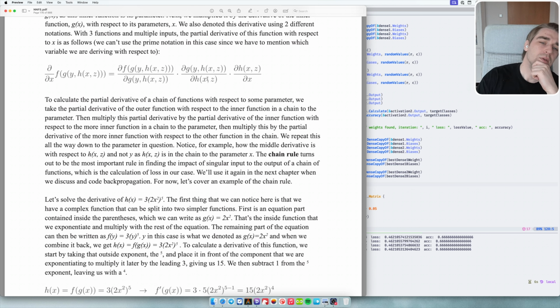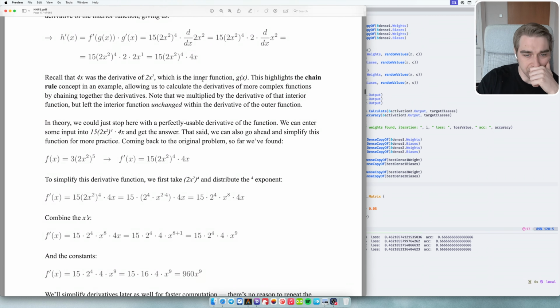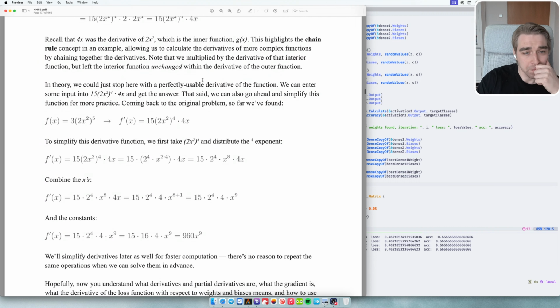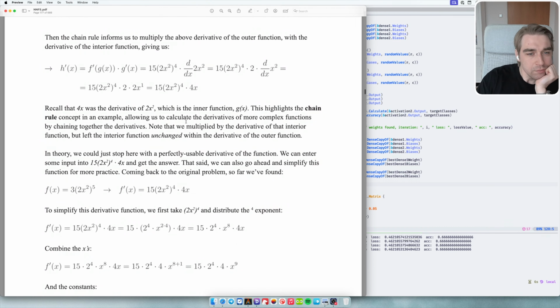Note that we multiply by the derivative of the interior function but leave the interior function unchanged within the derivative of the outer function.